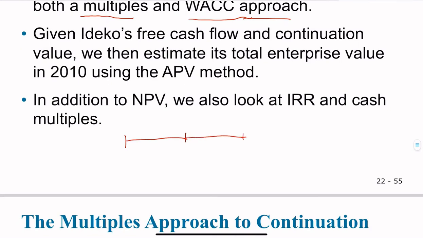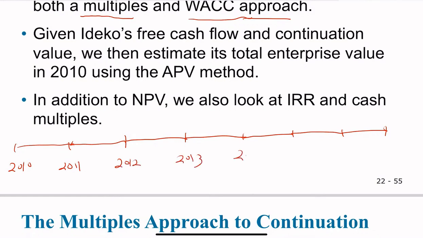What we would do is this. So let me use the timeline here. Timeline is always helpful. So let's say as an investor, after you acquire this firm, you will actually keep this firm for 5 years.